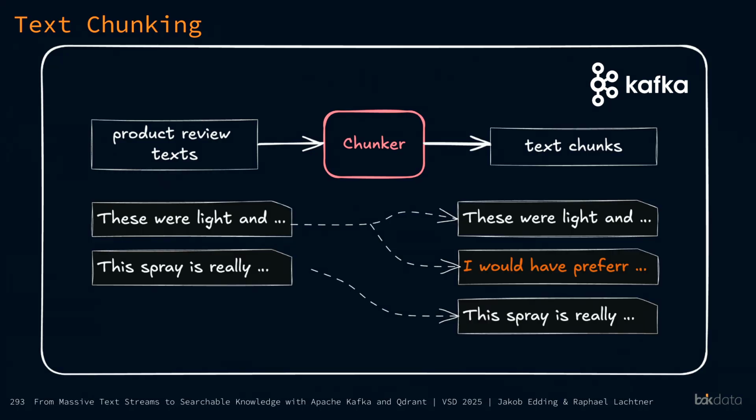So now I want to quickly show you how a Kafka application that takes those chunks and converts them looks like. So on the left here we have our product review texts, and on the right we flat map this, and we get one to many text chunks as the output. And there's a lot more to it in the Kafka application, and I will talk about that shortly.